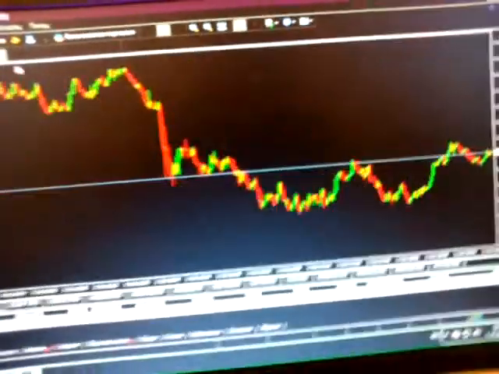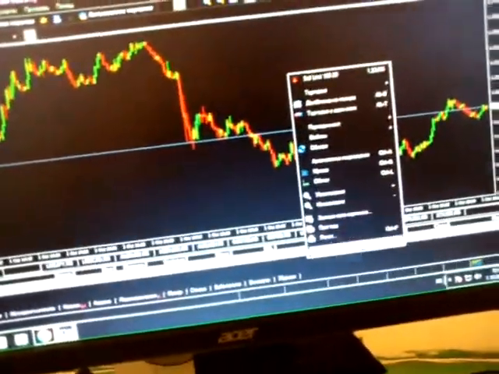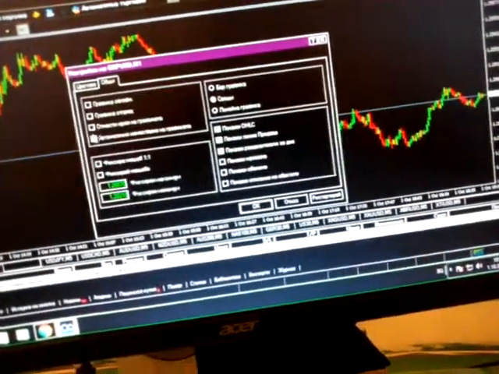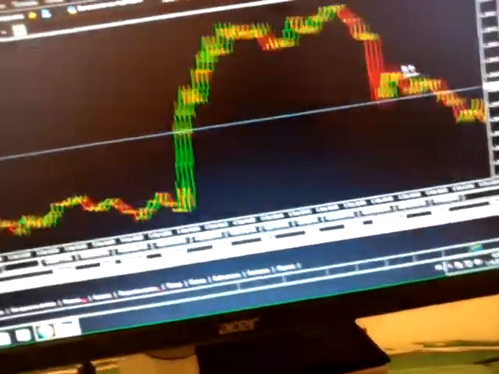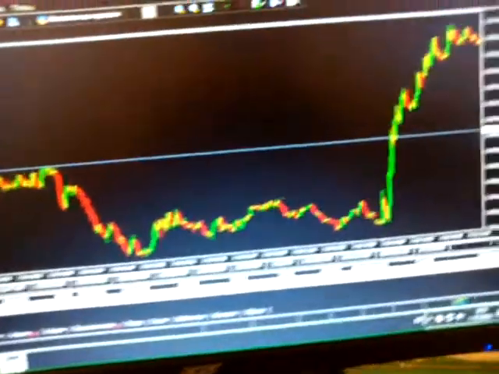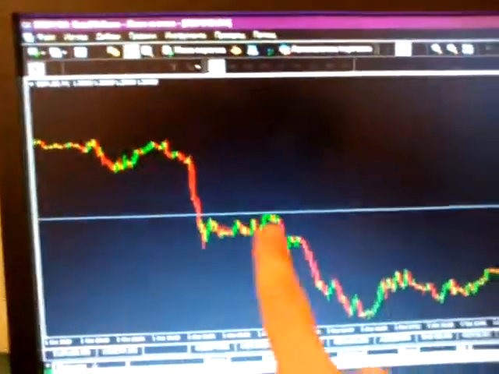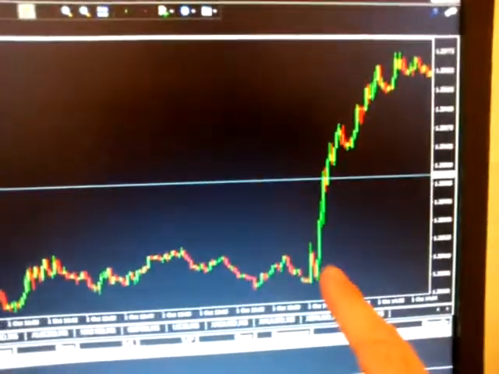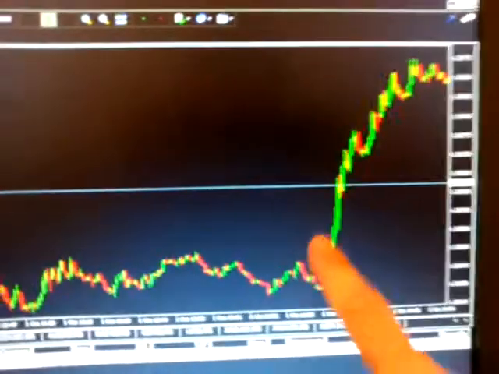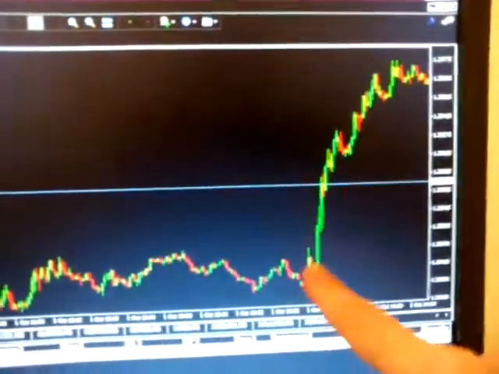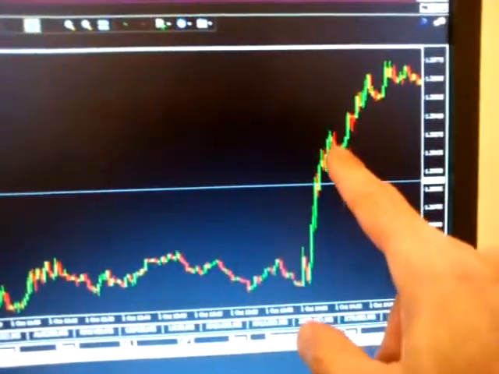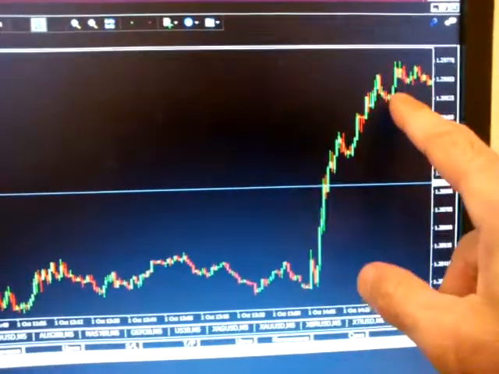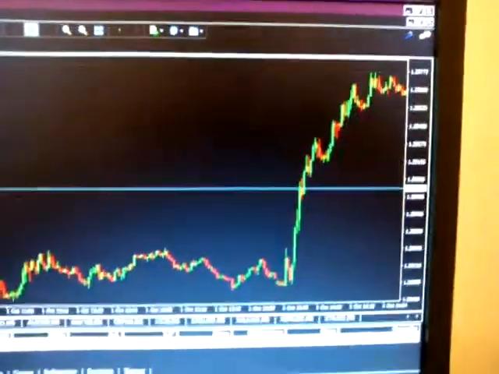Okay, so it's a 5 minute chart. Let's see the 1 minute chart. So the 5 minute chart, the previous chart, and this 1 minute chart, you see how the market does not want to go behind your back very far.